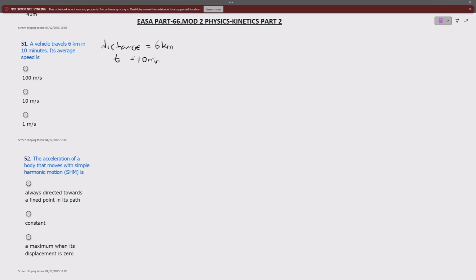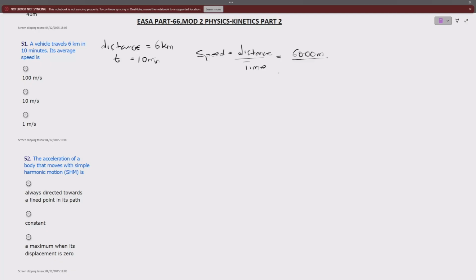Now let's take a quick look at the options that we've been given. The answers are in meters per second. So we have to convert our distance into meters and our time into seconds. So now we have speed, which equals distance over time. So our distance is 6 kilometers, which is 6,000 meters, divided by time, which is 10 minutes.